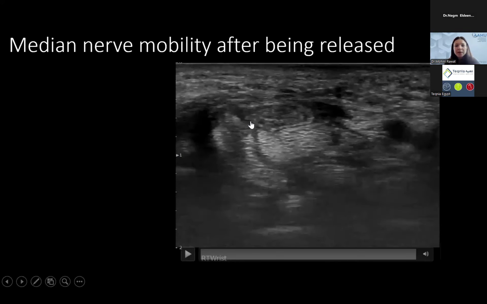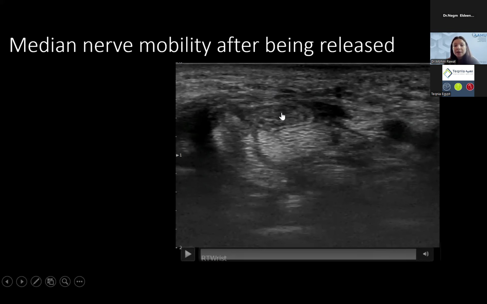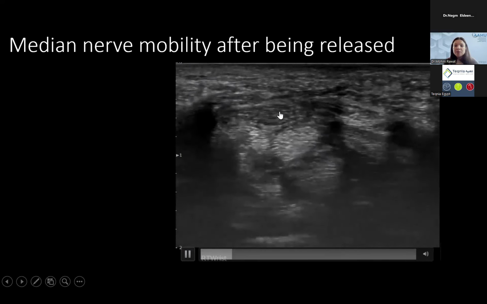This is also useful post-surgically. When you scan a nerve and it does not show normal cross-sectional area, it's going to take a long time for it to show smaller cross-sectional area, or sometimes it may never go back to the normal reference range. But if you check the mobility, this is the nerve right here, and you will see that the nerve is moving.